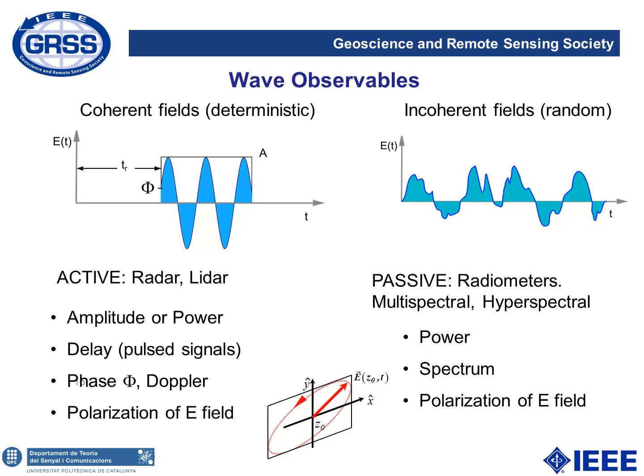It is a deterministic field. And what are the parameters we can observe? Well, we can observe the amplitude, for example, of this field. If this corresponds to a pulse of energy, for example, emitted by a radar or a LiDAR, we can measure the delay of the echo, this T sub r parameter here, which is indicating the distance traveled by the wave.